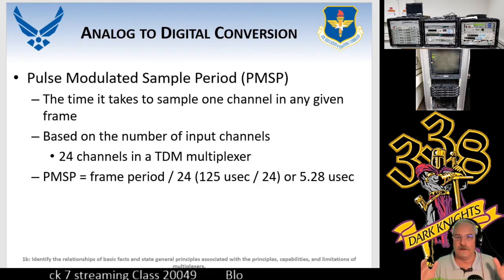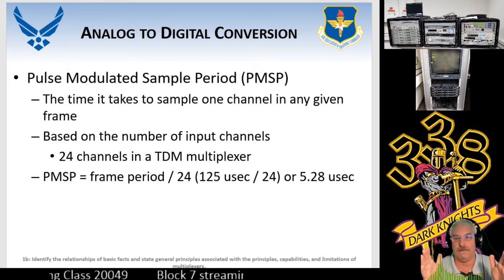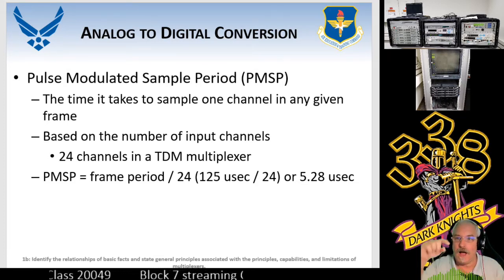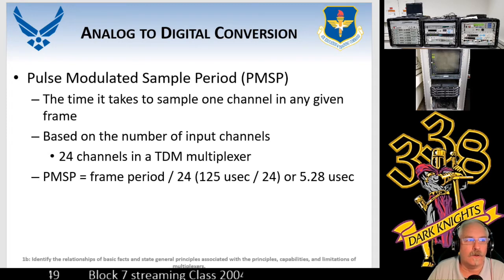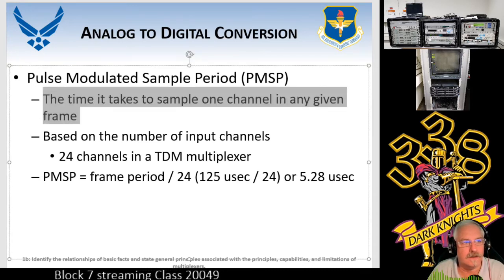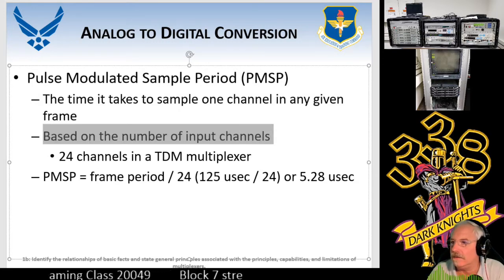In other words, it took me 125 microseconds to get 24 channels sampled. Now I want to look at channel 1, how long it takes to sample it. So the definition, the time it takes to sample one channel in that frame, is all based on the number of input channels.